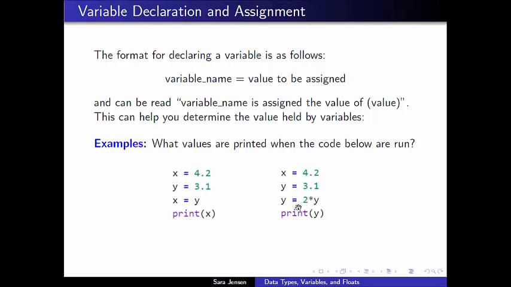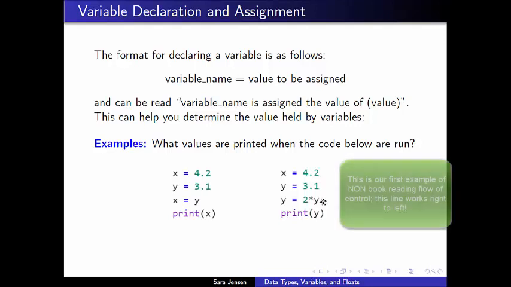A computer scientist would read this line as y is assigned the value of 2 times y. Now what the computer needs to do is, before it makes the assignment to y, it needs to know this value numerically. So the first thing that happens in this line is that the computer looks up the value of y. It has not yet reassigned the value of y.